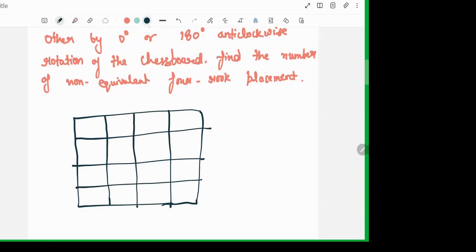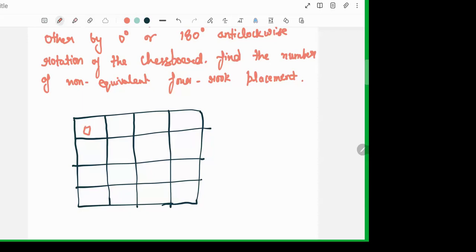Let me draw one rook here, another here, another here. This is a 4 cross 4 chessboard, and all these four are non-attacking rook positions. So this is one placement. Another one similarly you can draw. Let me erase this and draw the second one, because I do not want to draw the same picture again and again. So what are other possible positions? I can put one here.